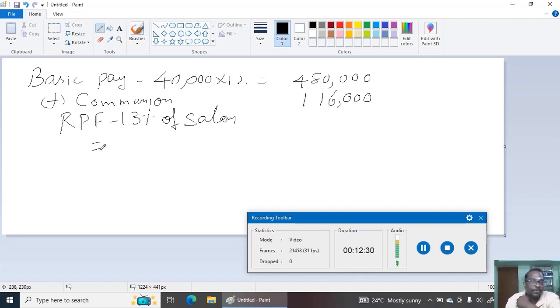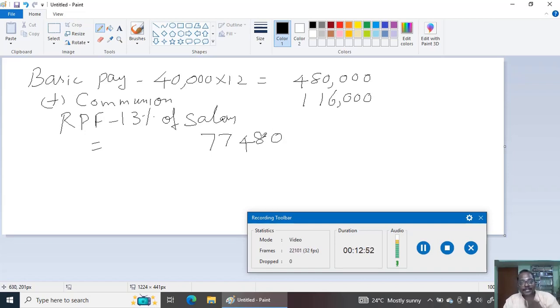How much is the basic pay? 4,80,000. How much is the commission? 1,16,000. So only these two together make the salary. He pays 13% of this salary. So how much does he pay for us? 77,480 rupees he is paying.